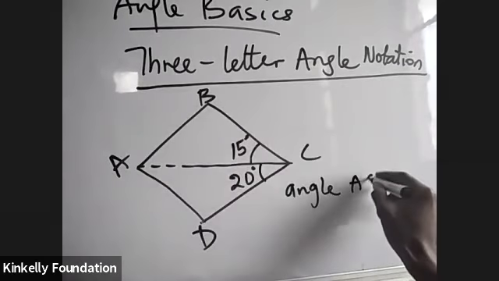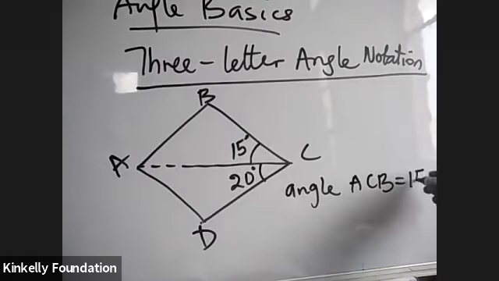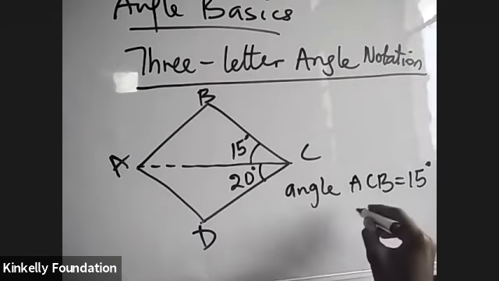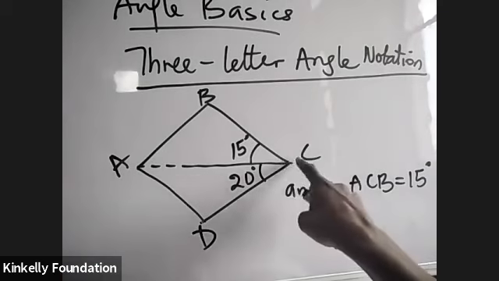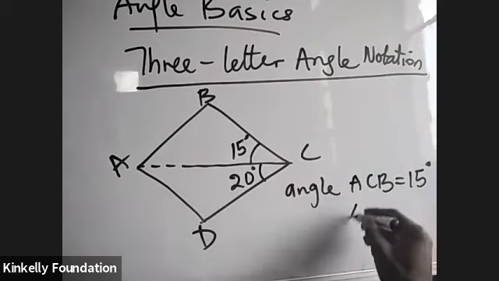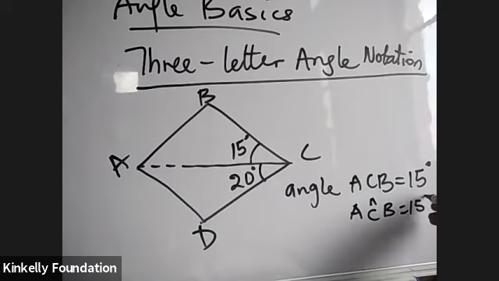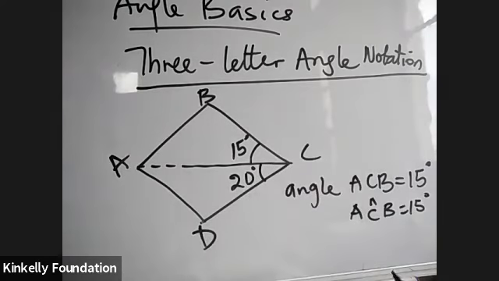Angle ACB is equal to 15 degrees. Most times, if you don't want to write the word angle, you put a cap on top of the center letter. The center one is at C. C has this angle. You now write ACB is 15 degrees. The one in the center that has the cap is this angle here. That is how you denote angles using three letters.